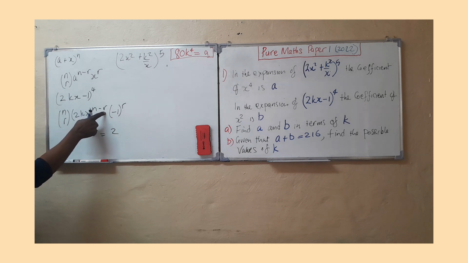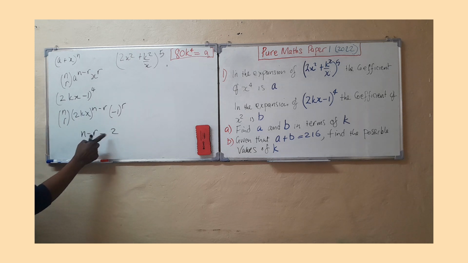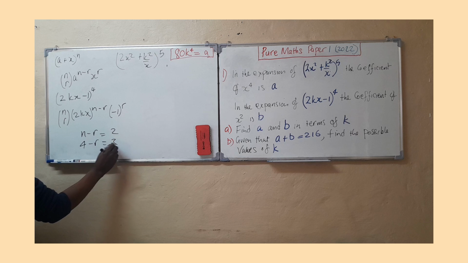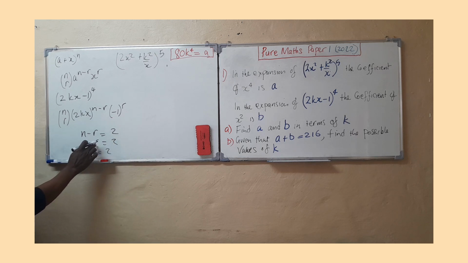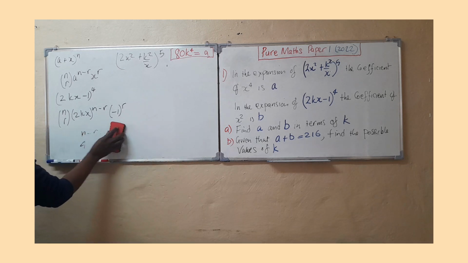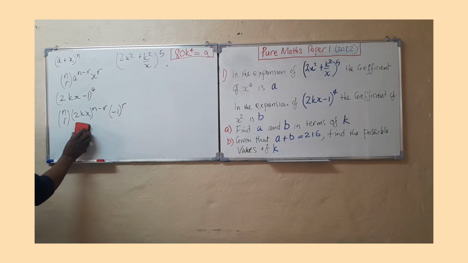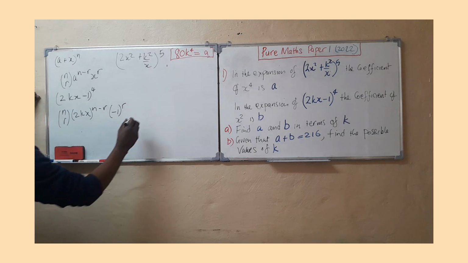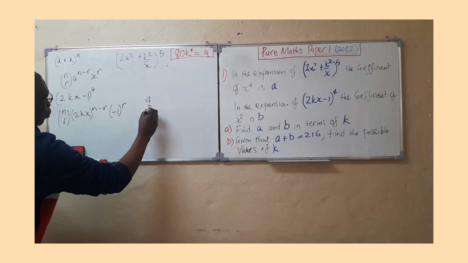So n minus r should be equal to 2, which means that our n is 4 and r, we don't know, is equal to 2, because 4 minus 2 is equal to 2. So we need the term in r is equal to 2. And that term is, so we now have there, our n is 4, so we have 4C2.